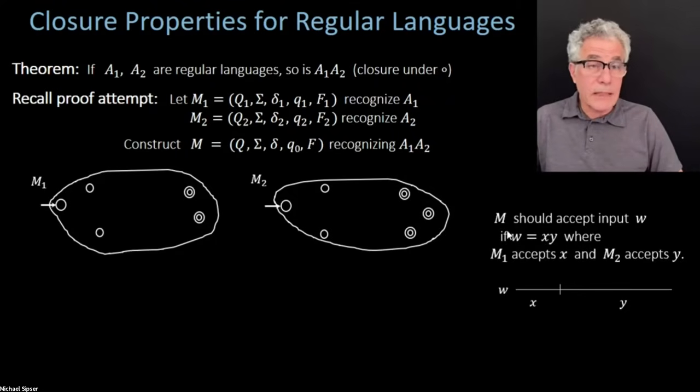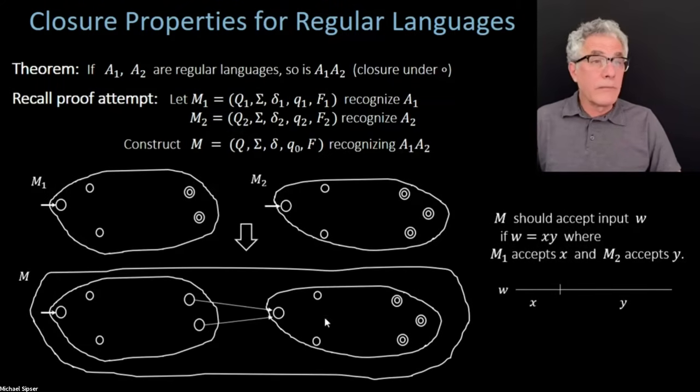So M has to figure out if there's some way to split the input so that the first machine accepts the first part, and the second machine accepts the second part. And the idea that we came up with for doing that was to take these two machines, build them into a new machine M, and then connect the accepting states for M1 to the start state for M2.